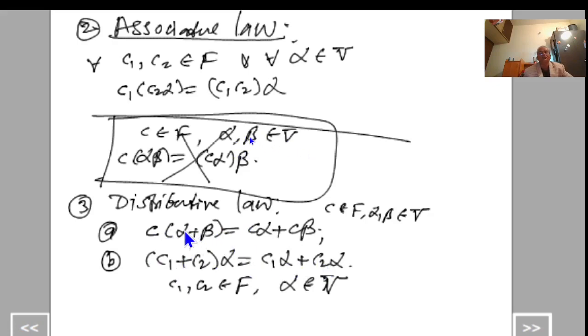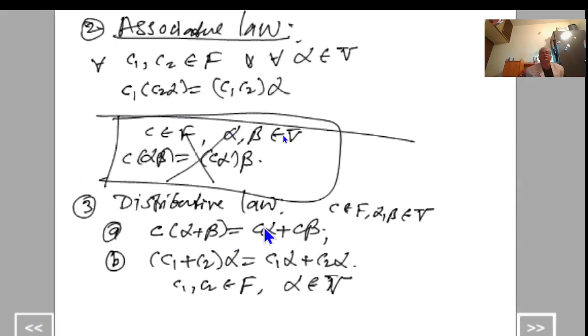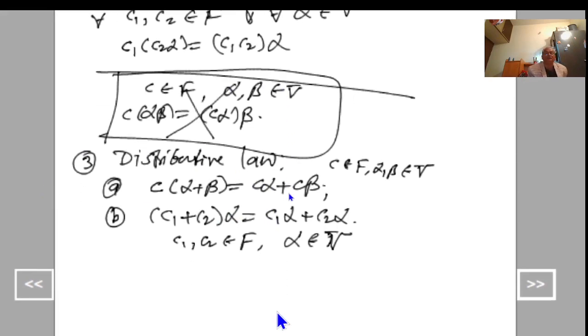For the left distributive law, we take C from scalars and these two are vector quantities. And for the right distributive law, C1 plus C2 are the elements of F, scalars, and this is the vector, an element of V. So both the distributive laws must be satisfied.